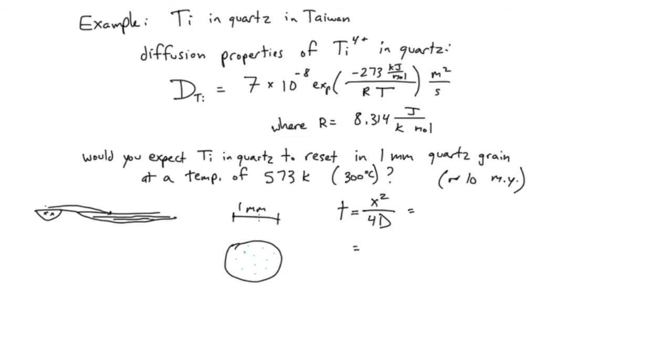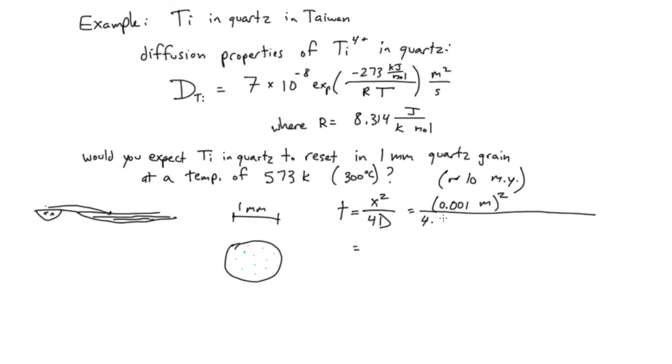You could say maybe we should use the radius, it's a spherical problem, but this is an order of magnitude kind of calculation. So let's just use 1 millimeter, which is 0.001 meters. We want to be in meters. It's going to be in the numerator. And then the denominator is going to be 4 times this thing.